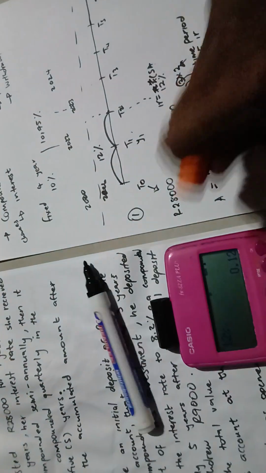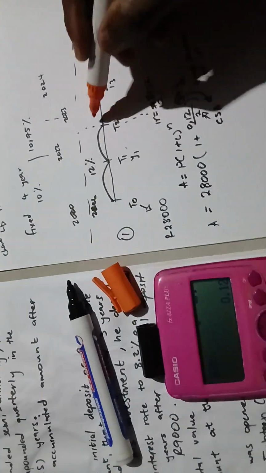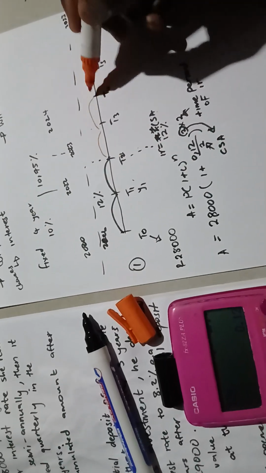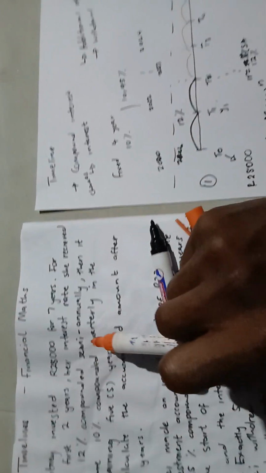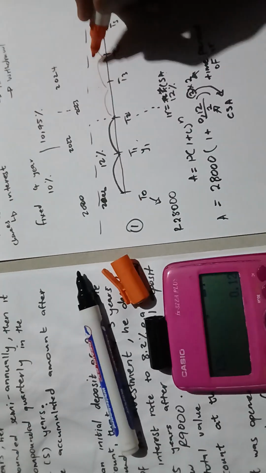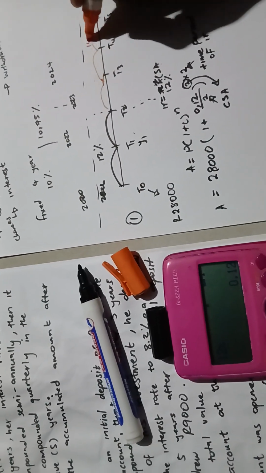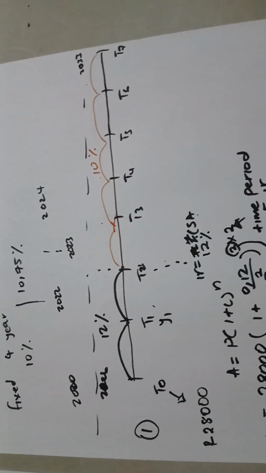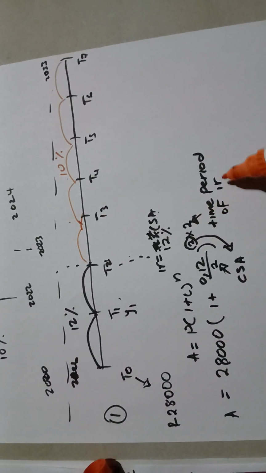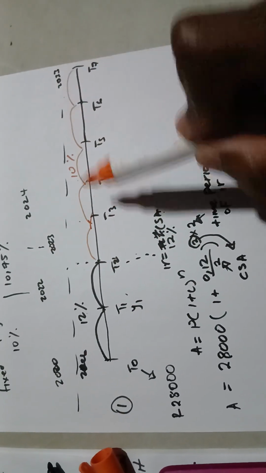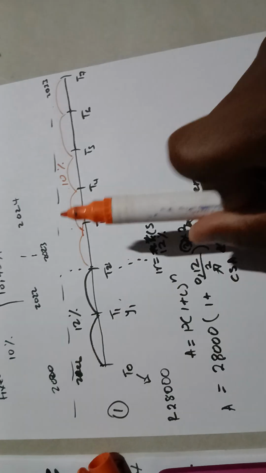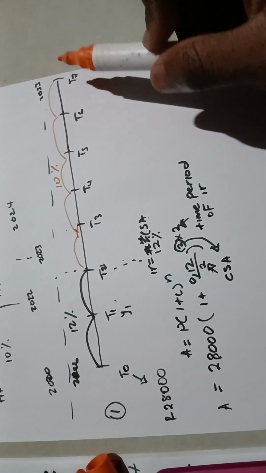Remember that, ne? Since we're having an interest rate of 12% here in the first 2 years, and thereafter we have an interest rate of 10% in the other remaining 5 years. It's basically like that. This 2 years is for the period, and then 10% is for the remaining 5 years.